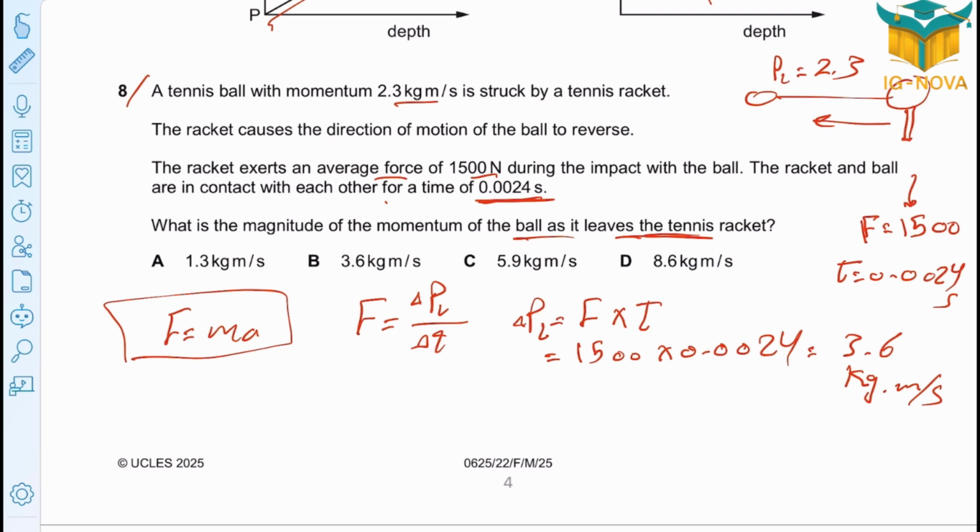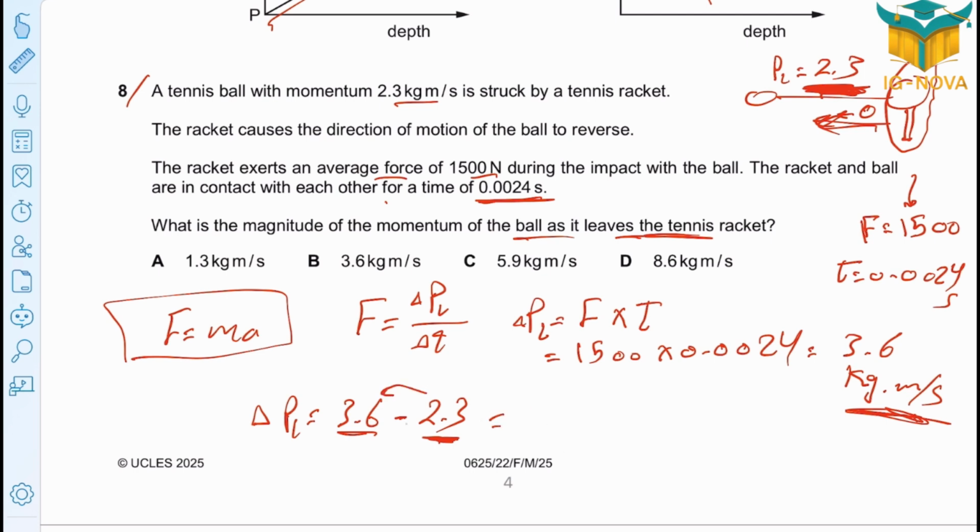While the momentum of the ball that leaves is 3.6, there is 2.3 in the opposite direction. So the resultant momentum required is the 3.6 in the reverse direction minus 2.3, as 2.3 will be consumed from 3.6.